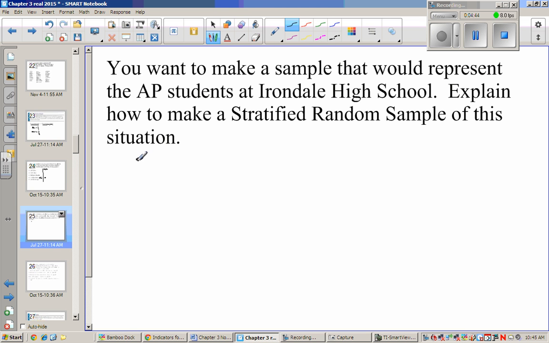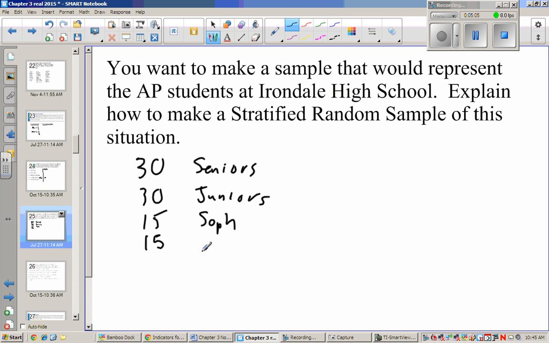Maybe you might want to take 30 people who are seniors, 30 people who are juniors, but sophomores and freshmen, you don't want them to be as included because they haven't taken as many AP classes. So maybe you want 15 sophomores and 15 freshmen.